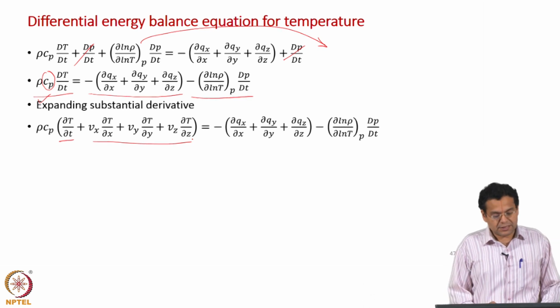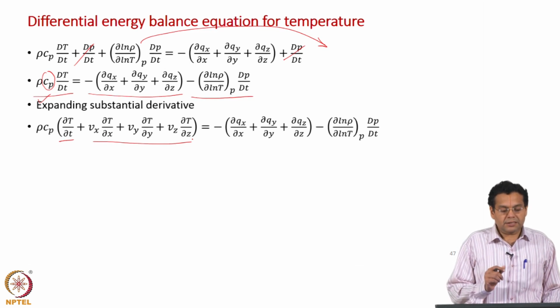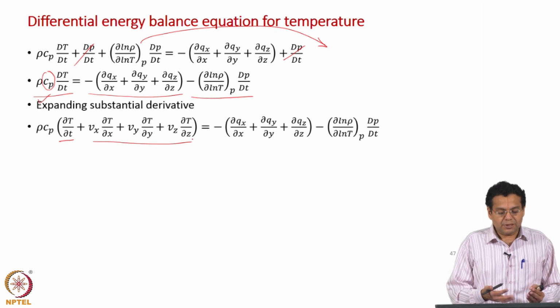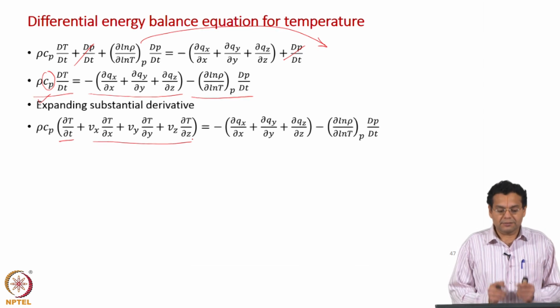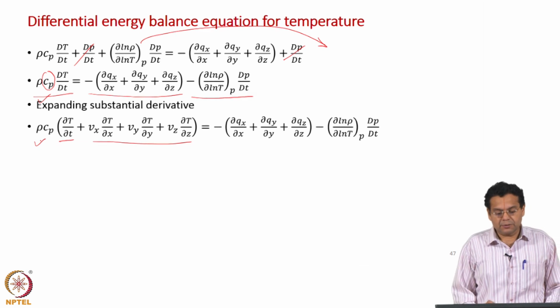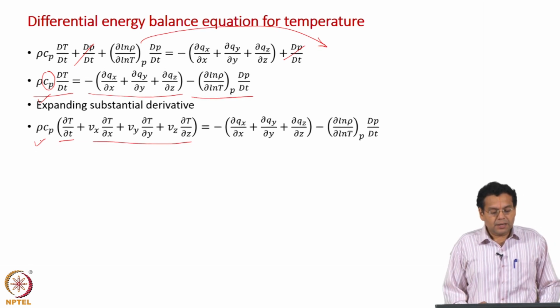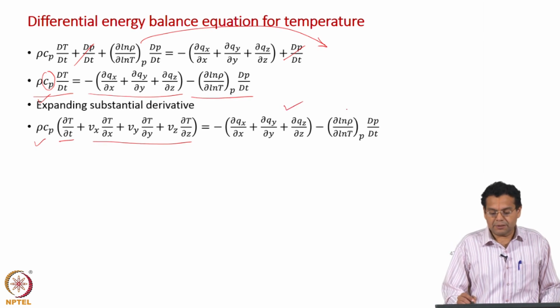When we first introduced substantial derivative, we discussed in terms of velocity and in terms of temperature. Now you really see an application, or you see a conservation equation where the dT by dt occurs. So, rho Cp and then the substantial derivative expressed in terms of its two components, and right hand side the same terms are here.